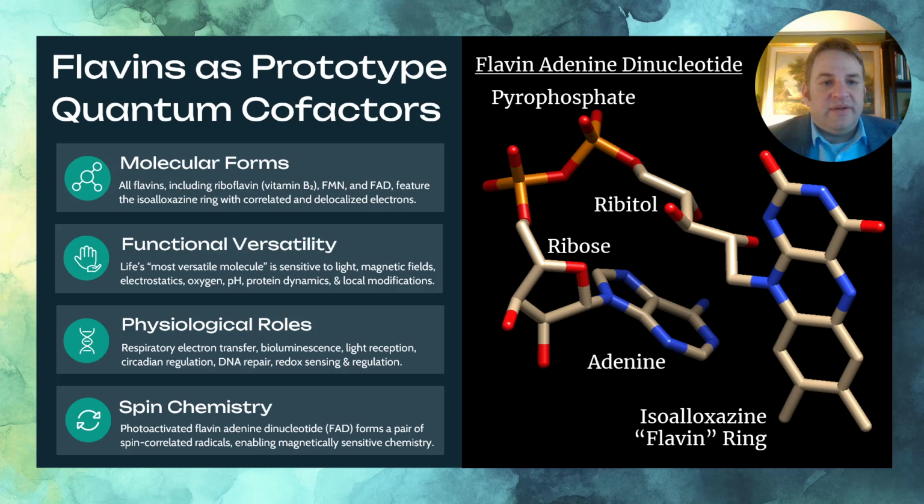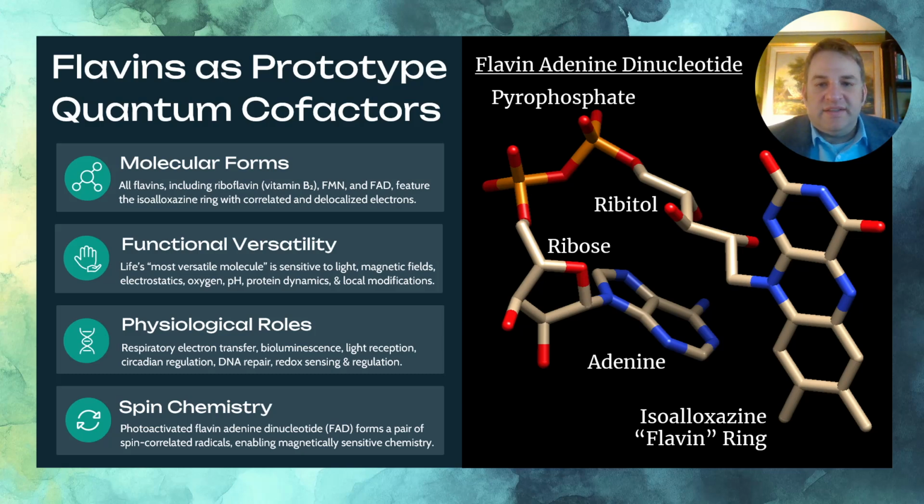So if we consider flavins, for example FAD, flavin adenine dinucleotide, in depth, it has this tricyclic isoalloxazine ring. This is what gives it its flavin character. Ribitol and ribose sugars then connect to an adenine structure, and of course are all linked by a pyrophosphate.